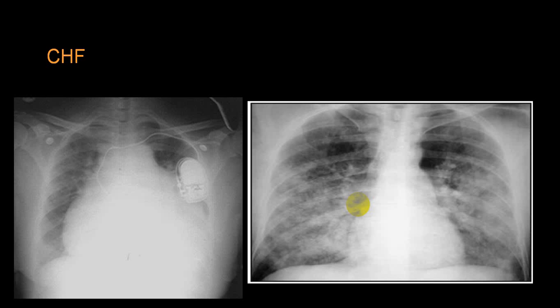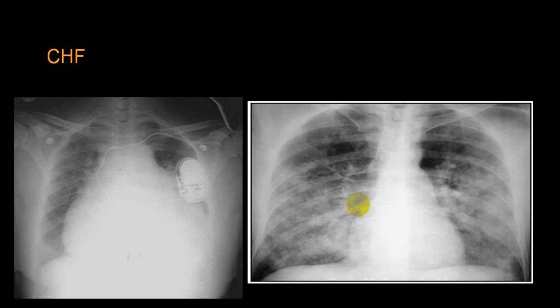Sometimes, even on a plain X-ray, you can see a pacemaker, which can be either AV pacemaker, or atrial pacing, AV pacing, or biventricular pacing. Depending upon that, you can identify it even on an X-ray.